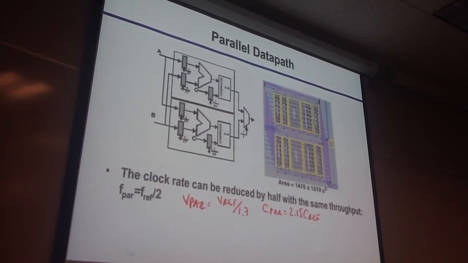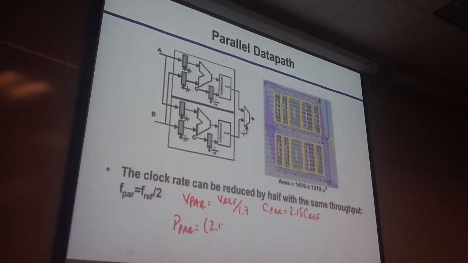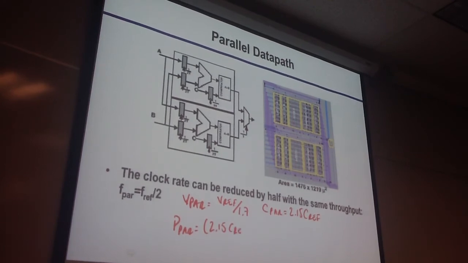So now if you do this, the power dissipation of the parallel circuit is 2.15 times C ref, V ref squared, V ref over 1.7 squared. Now the frequency is lower by 1/2.